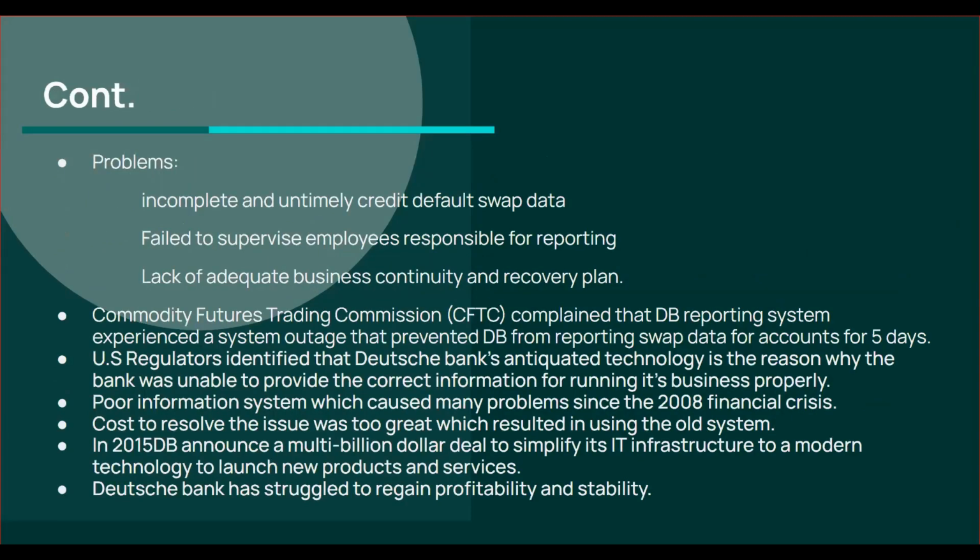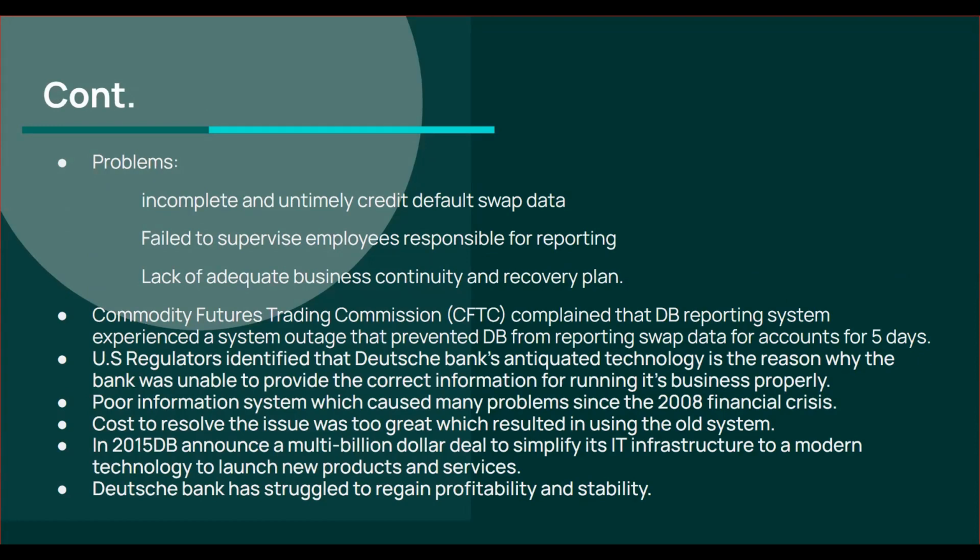So although they survived the 2008 crisis, the bank was still struggling with tremendous changes in the banking industry. One of the problems Deutsche Bank had was that they submitted incomplete and untimely credit default swap data. They failed to properly supervise employees who were responsible for this reporting, and they also lacked an adequate business continuity and recovery plan.